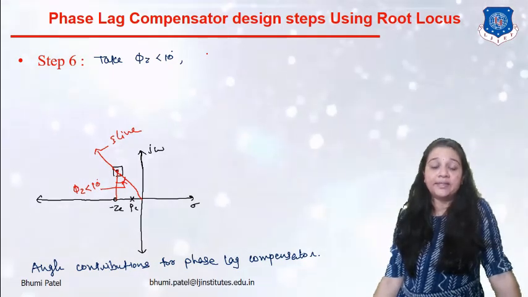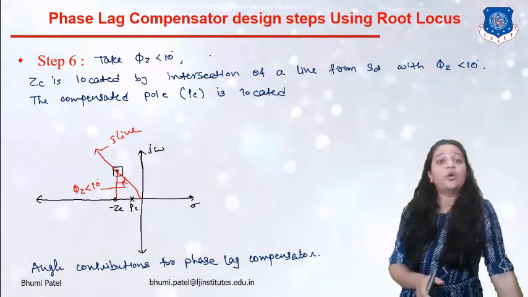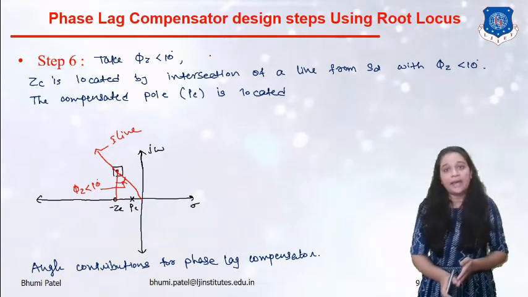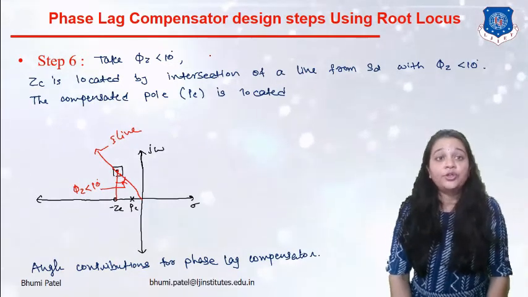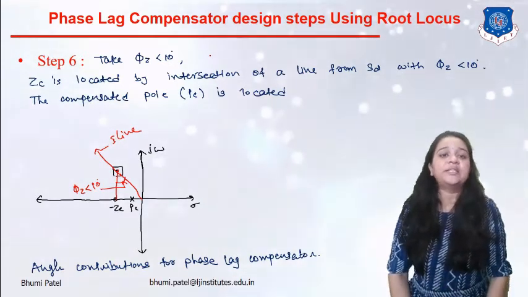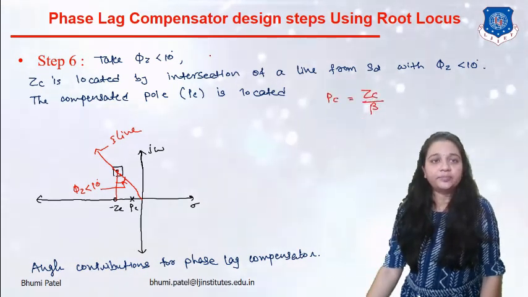This is phi z, which is less than 0. Now ZC is located by the intersection of the line from SD with phi z less than 0. So the compensator 0 ZC is located. This is my step number 6.